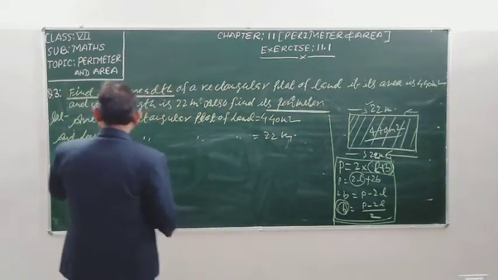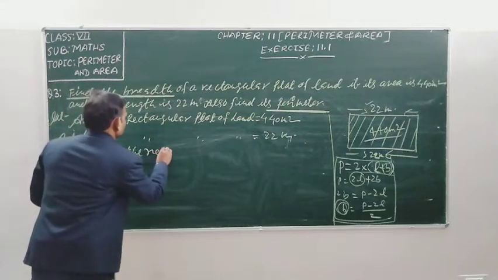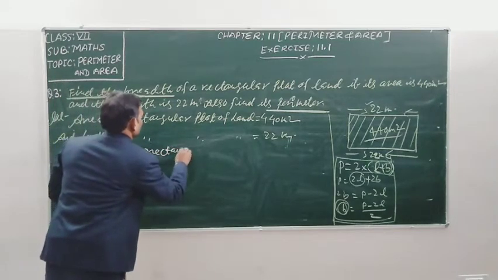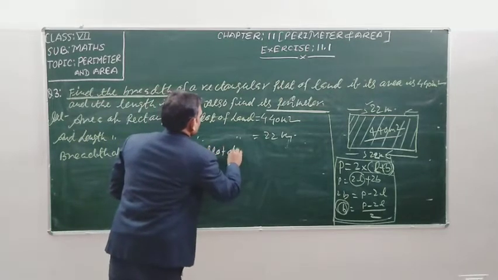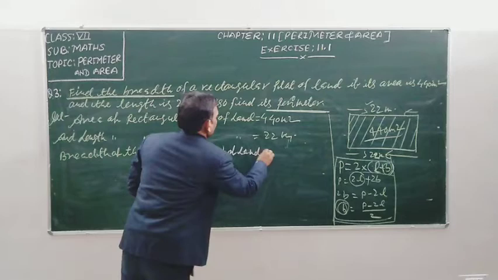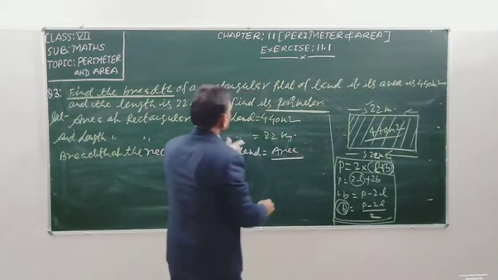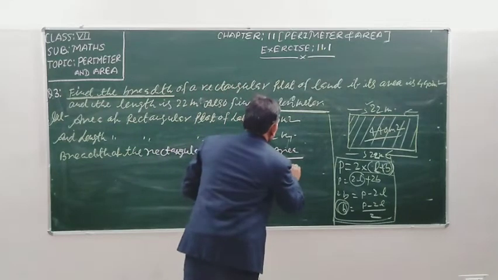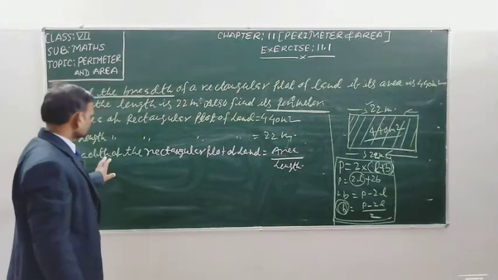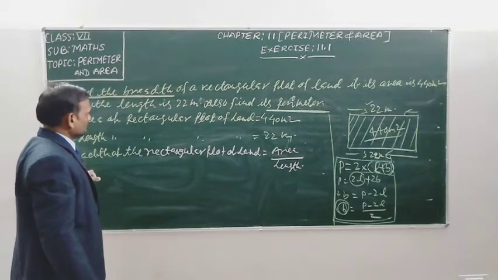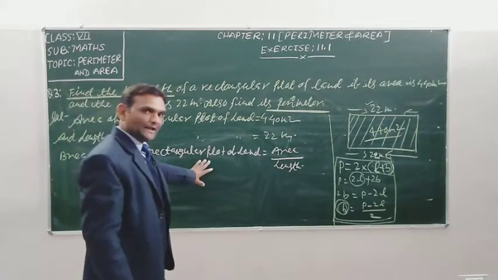We can use the direct formula: breadth of the rectangular plot of land is equal to area upon length. This is the formula for finding the breadth of the rectangular plot of land.